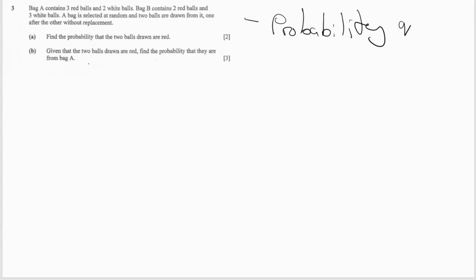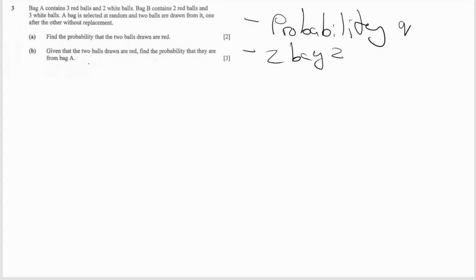So here it says bag A contains 3 red balls and 2 white balls. So we have a total of 5 balls, 3 are red, 2 are white, and we have bag B, which contains 2 red balls and 3 white balls.